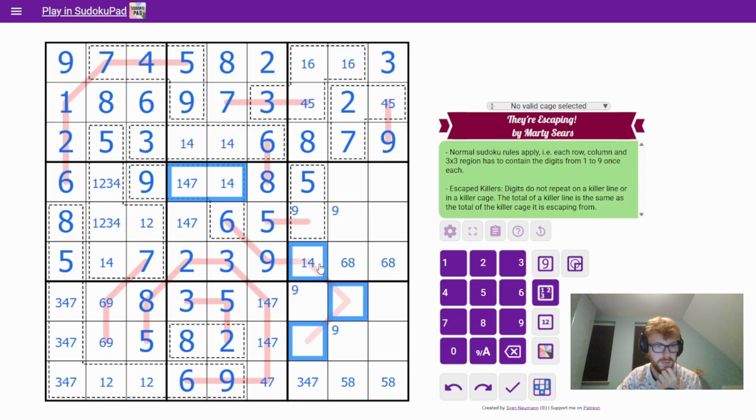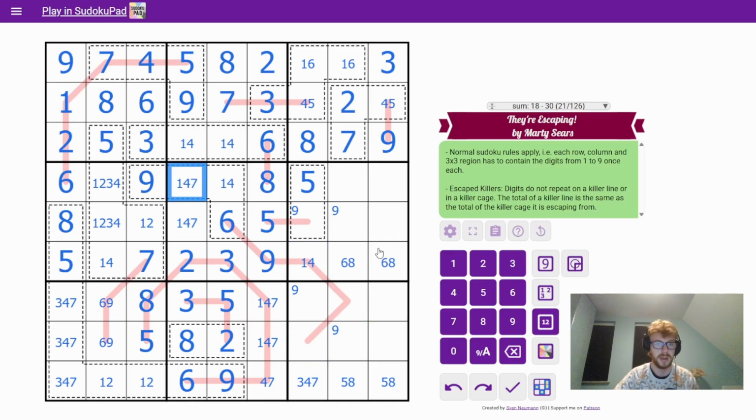If that's a 4, then we know that's a 7. If that is a 1, then that is a 1. Then this doesn't contain another 1. So then the minimum for this is a 2 and a 3. Okay, so that must be a 7.